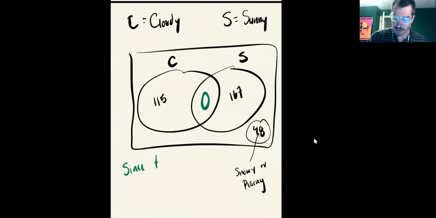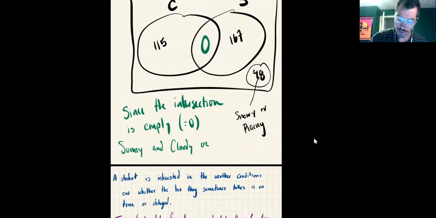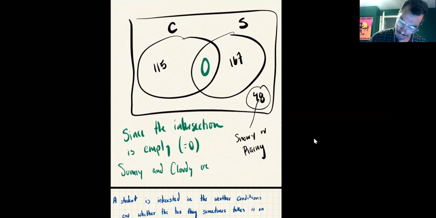So since the intersection is empty, or equal to 0, sunny and cloudy are mutually exclusive.